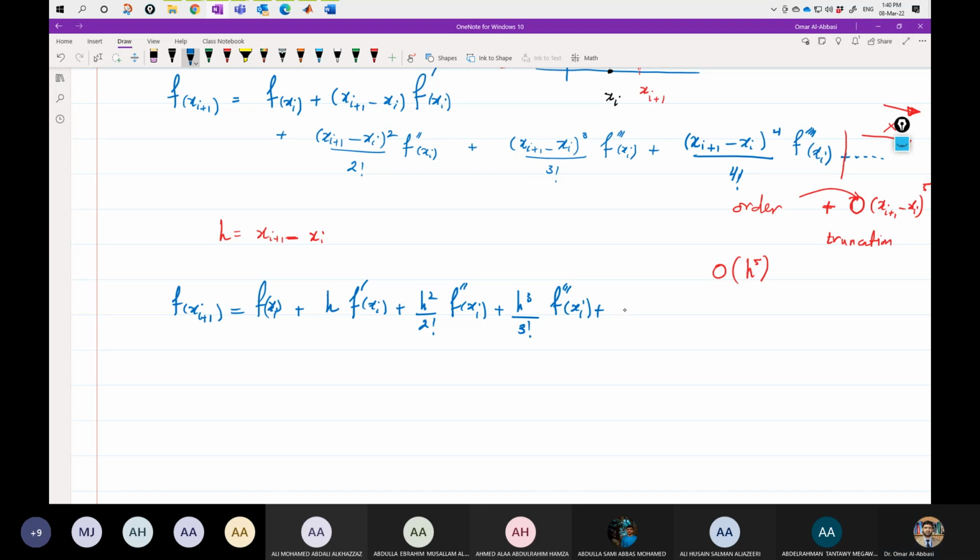Plus O, something of order h to the 4. Exactly. Okay. Some error, some terms which have the order of h to the power 4. Okay, so that's the Taylor series expansion.